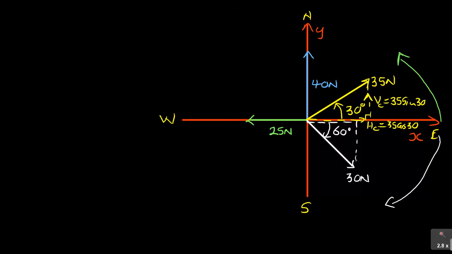For the arrow, the vertical component, VC, will similarly be 30 sin 60, and the horizontal component, HC, will be 30 cos 60. So those are the two forces that needed to be resolved.